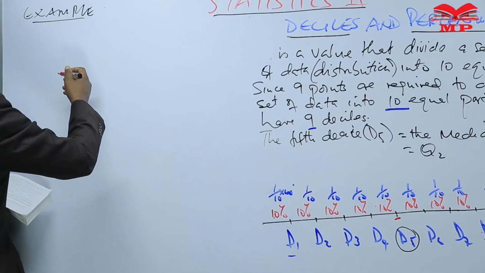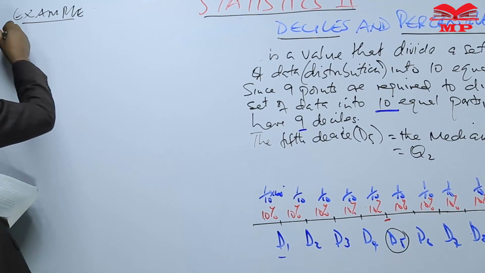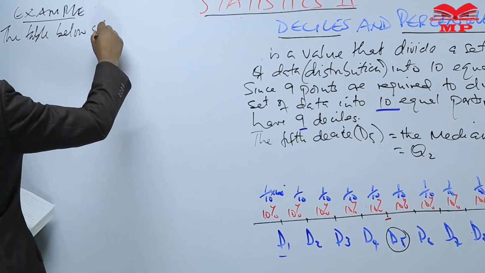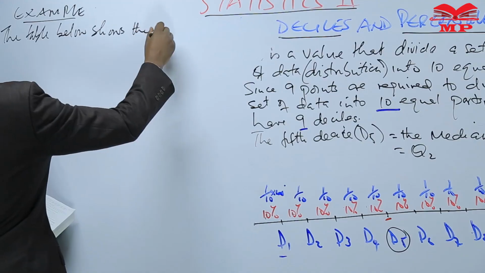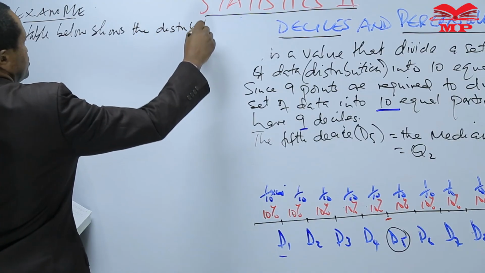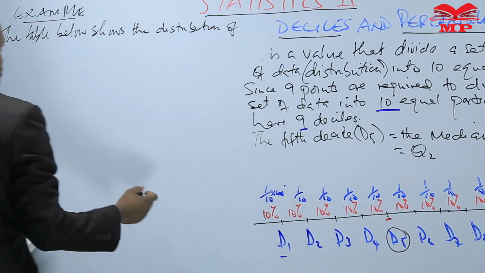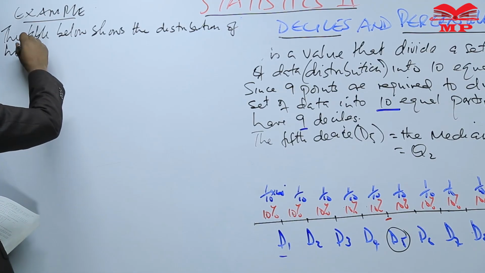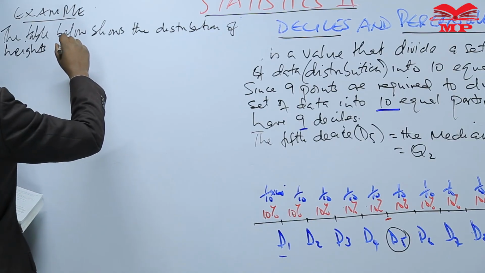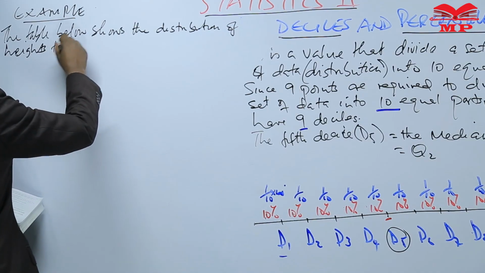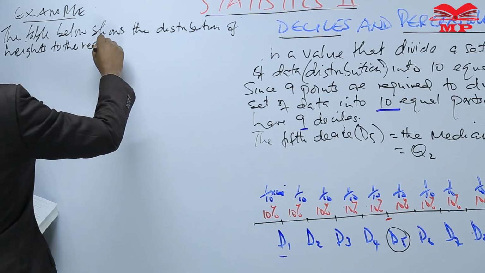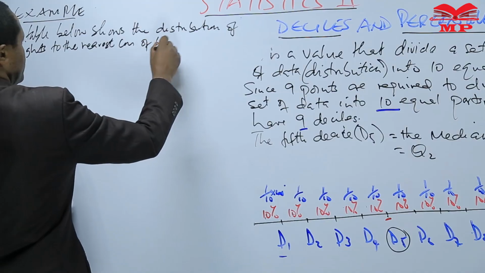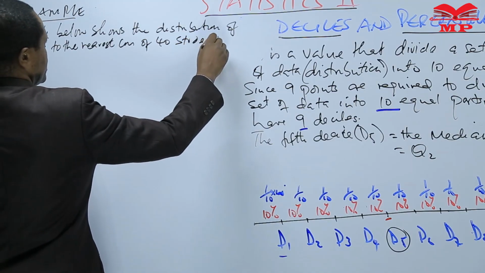The table below shows the distribution of heights, to the nearest centimeter, of 40 students.